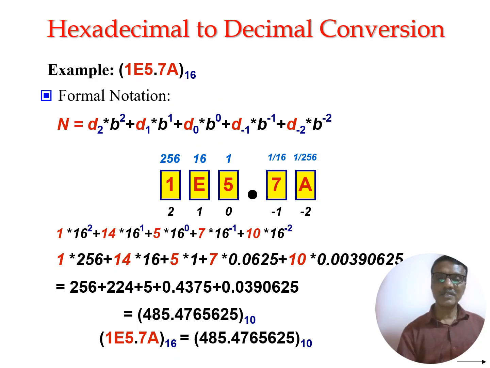So 10 into 16 power minus 2. And then after all the calculation, we will get finally 485.4765625 as the decimal value of this hexadecimal. So got it? So 1E5.7A is the hexadecimal. Its equivalent decimal value is 485.4765625.